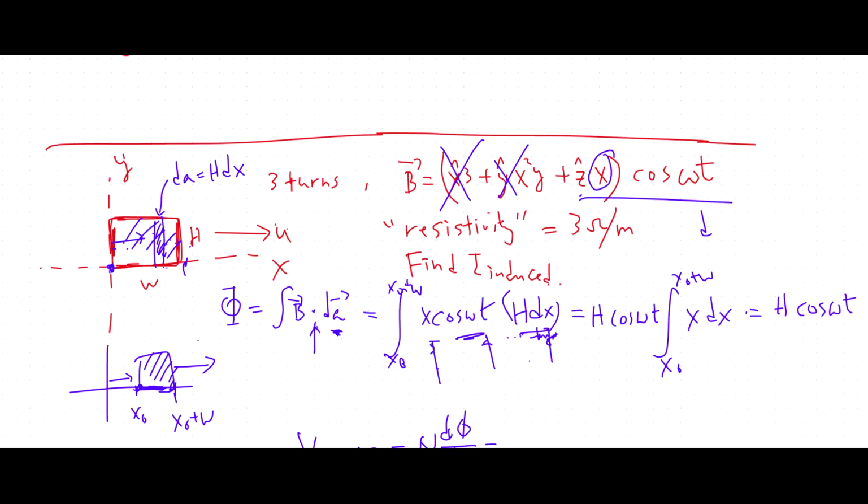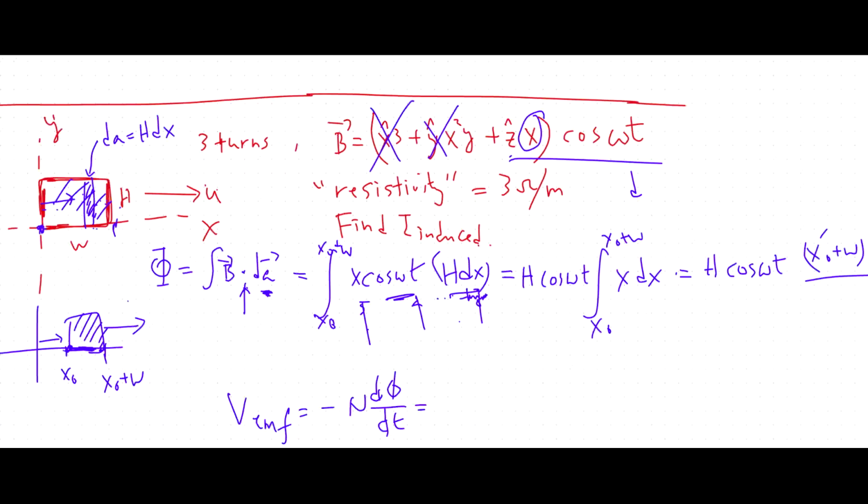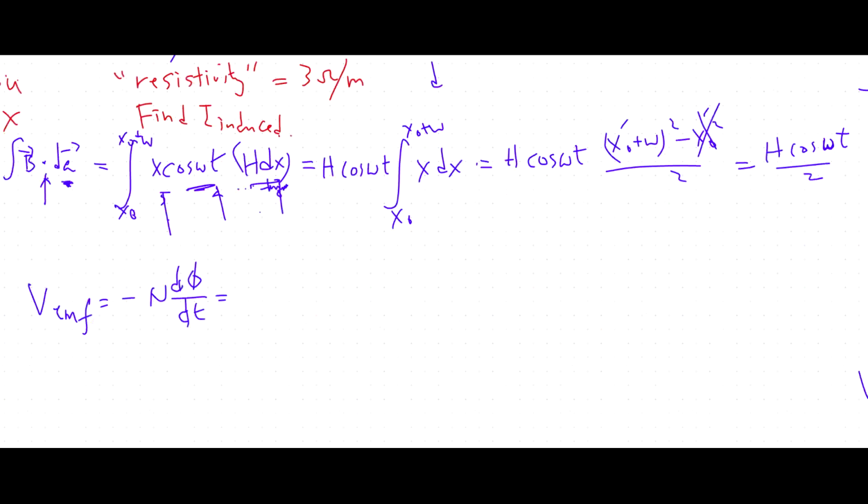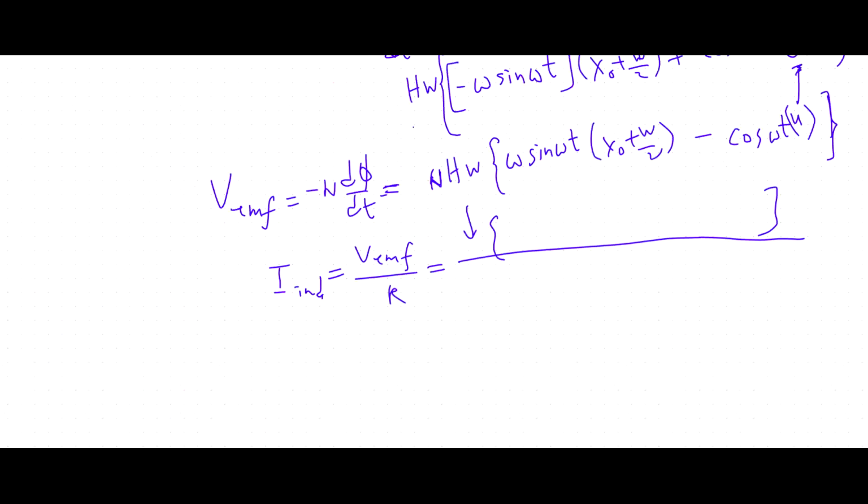So let me write it down. The resistance is 3 ohms per meter, times 2 times H plus W, times the number of turns, which is 3 turns, but this n always cancels, so I always just leave it out.